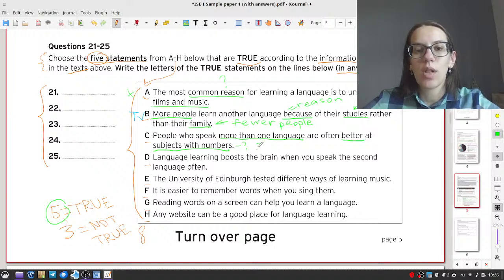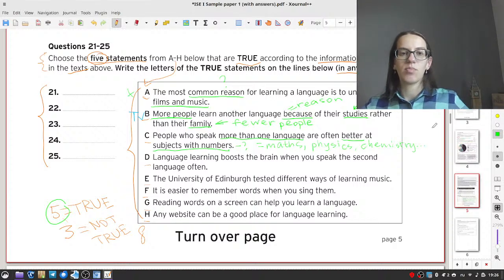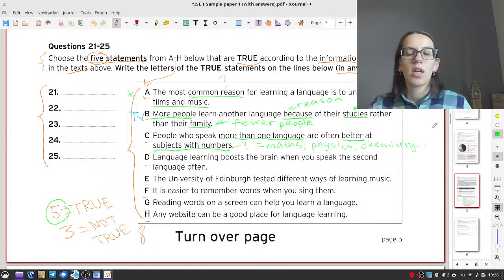It means maths, right? We use numbers in maths. And it can also be other subjects like physics, maybe chemistry, and some other subjects, maybe a bit less. So maths and other subjects where we need to use numbers.